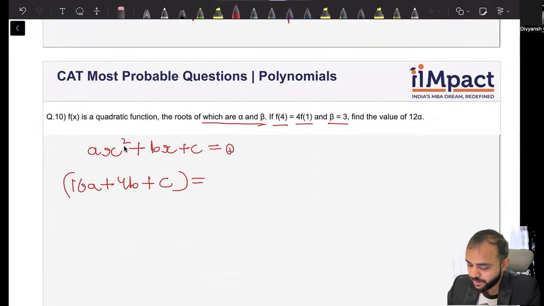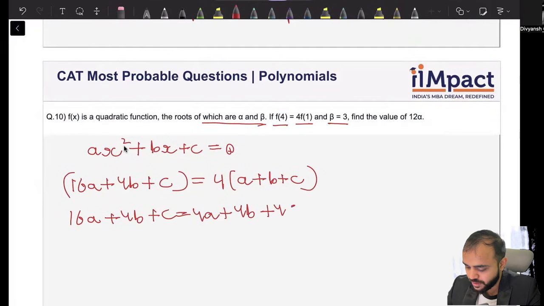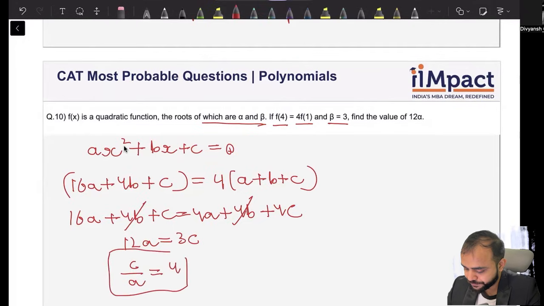This is given to me as 4 times f of 1, which will be a plus b plus c. So that gives me 16a plus 4b plus c is equal to 4a plus 4b plus 4c. 4b and 4b will cancel. I'll get 12a is equal to 3c, or c by a is equal to 4.